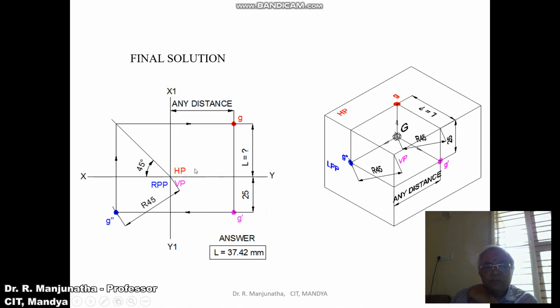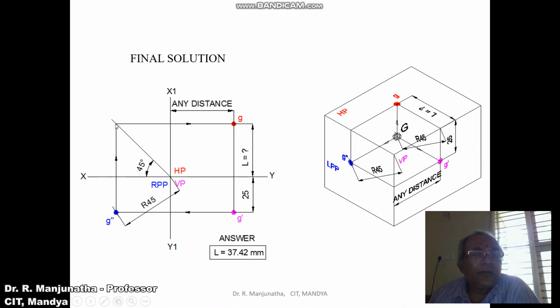Since HP is above the xy line, this 45 degree thin line will also come above the xy line adjacent to HP. Then draw a vertical thin projector from G double dash to the 45 degree line, wherein the horizontal distance behind VP has been transferred into the vertical distance.